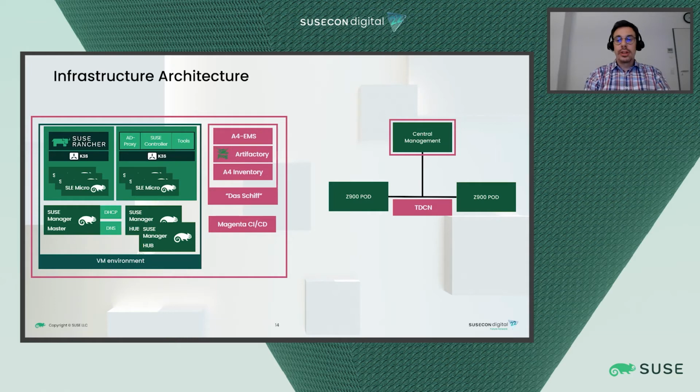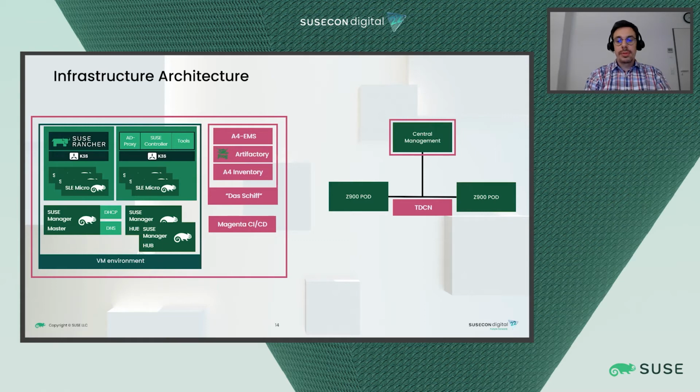However, the central management does not only consist of SUSE components, because in order to be able to install an edge location later, we need data from a CMDB, the so-called A4 inventory. This is where the central information is located that is needed for the automated installation. In order to access this information, we use the A4 EMS, which provides microservices for the provision of the data.